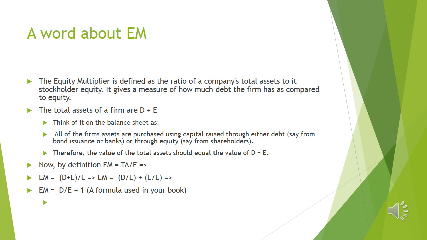If you think about a balance sheet, on the left hand side we have assets, and on the right hand side we have liabilities and equity. I have found it easier to think of it this way: a firm buys all its assets, and it raises money from somewhere to buy them.